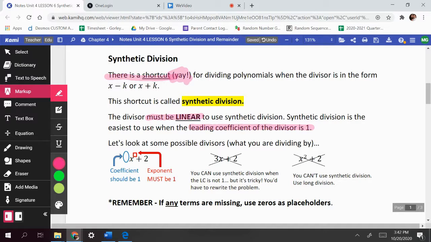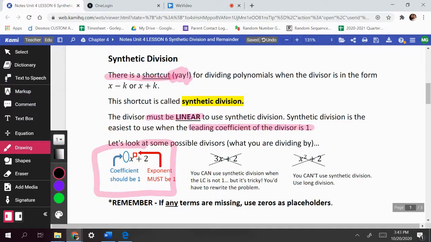Okay, so let's look at some possible divisors. Remember, divisors is just what you're dividing by. So if I look right here, you'll notice that the coefficient should be 1, right? And the exponent should be 1 in order to use synthetic division.